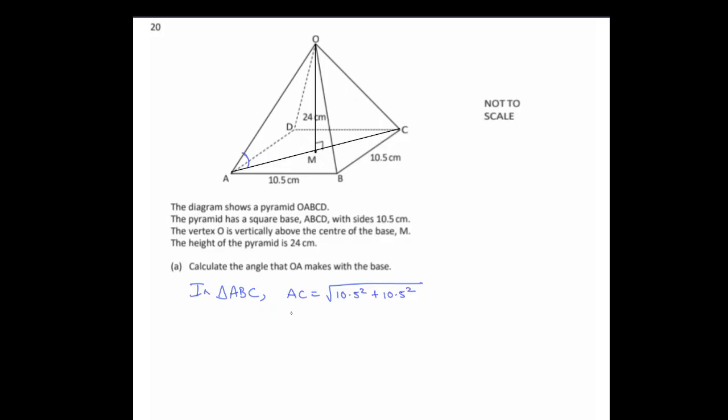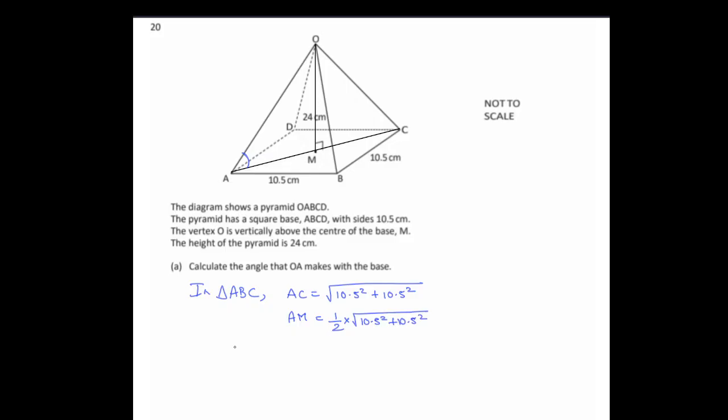So AM will be half of it, because the diagonals of a square bisect each other. So AM is 1 by 2 into square root of 10.5 square plus 10.5 square. Now we know AM, we know OM.